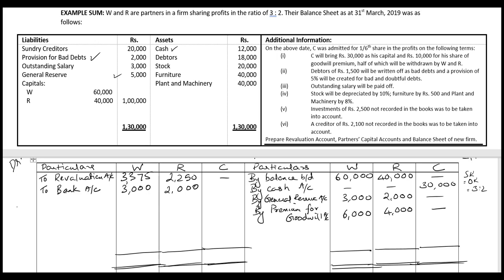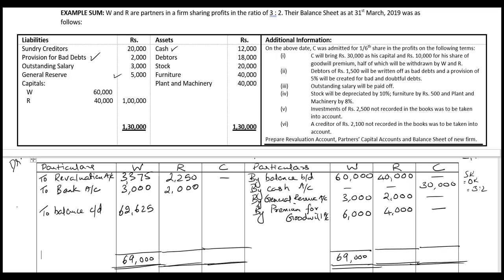The total of W, credit side greater, 69,000. We have two balance carried down. For W, we need to take 69,000 and subtract 6,375 and we get 62,625.